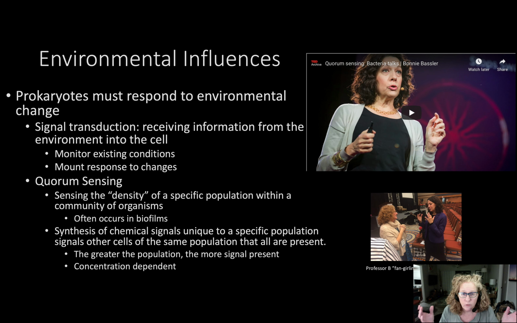Everybody's saying, I'm a Pseudomonas, kind of like a density level. And all of the cells respond at once by producing a toxin or doing something that causes the patient to go into some kind of respiratory arrest. So this quorum sensing phenomenon that Bassler is talking about is due to population density, and it is a concentration-dependent reaction.